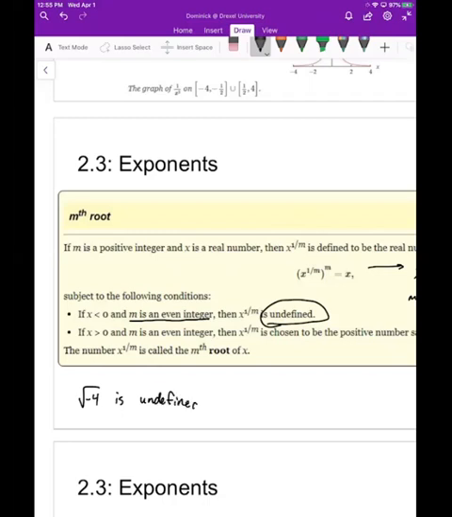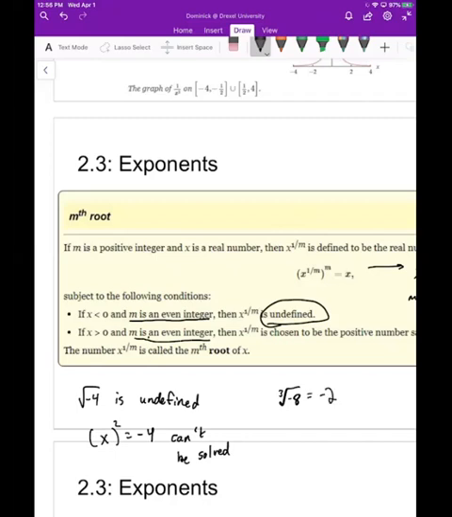Right? Why can't you have square root of negative 4? Because there's no number that if you square it is going to give you a negative, right? That can't be solved, at least not with real numbers. Okay, now if your number under there is negative, for example a cube root of negative 8, this is fine.